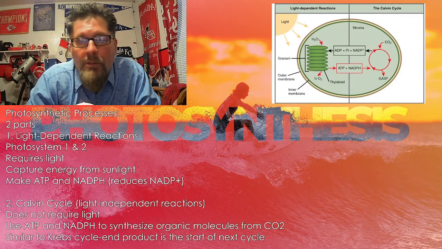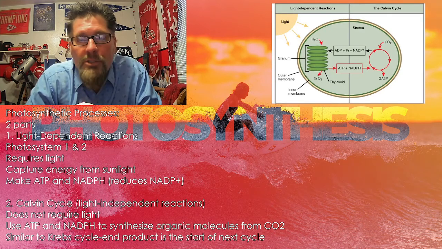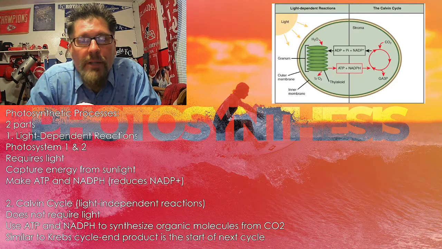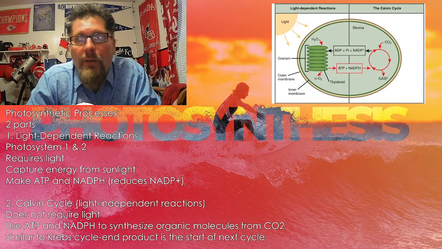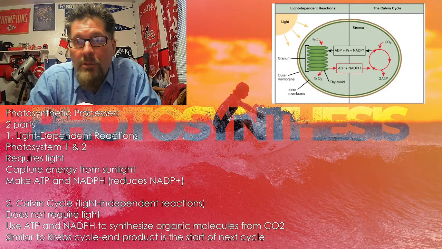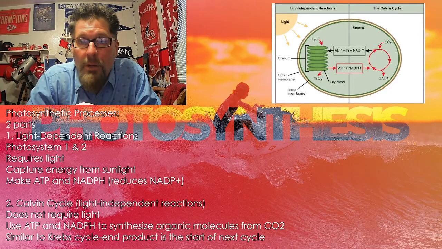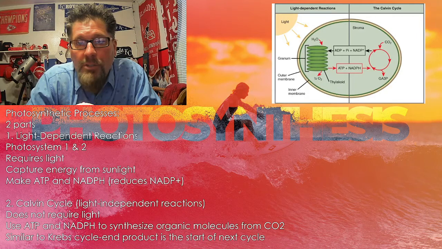and the Calvin cycle. In the light-dependent reaction, the LDR, you've got two parts, photosystem 1 and photosystem 2. Again, these are the series of steps that I referred to earlier, with a lot of repeated steps, and a lot of steps that are similar to the electron transport chain. That's essentially what's happening, with a little bit of modification for photosynthesis.